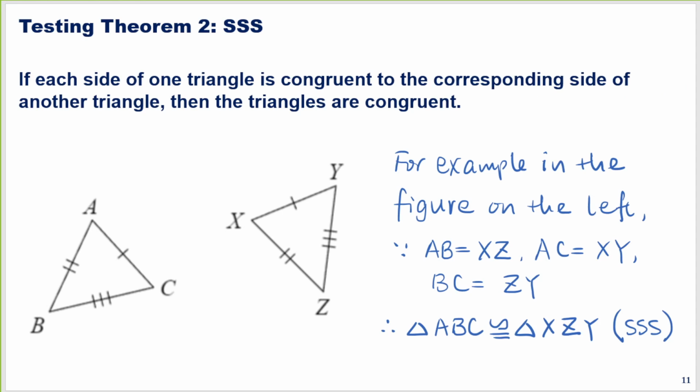For example, in the figure on the left, if we have AB equals XZ, AC equals XY, BC equals ZY, then we can say triangle ABC is congruent with triangle XZY by SSS.